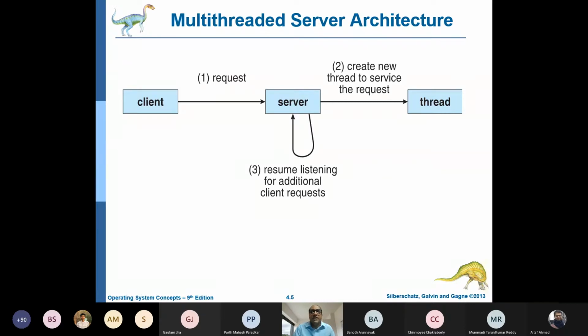So the difference between these two, creating a thread versus creating a process, as we have seen in the last class: creating a thread is not much involved, because a thread is nothing but a part within a process. So whatever the process resources are, like the code segment, data segment, and the files provided by the OS, the threads simply share them.